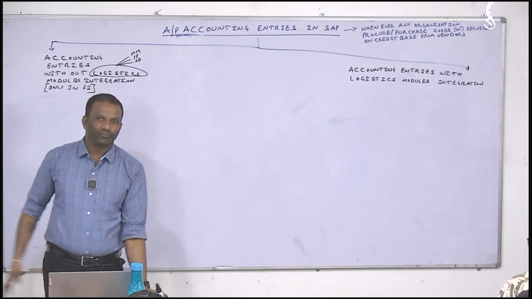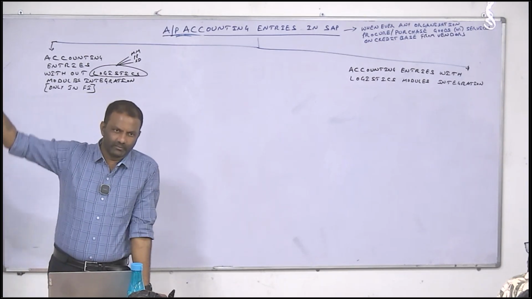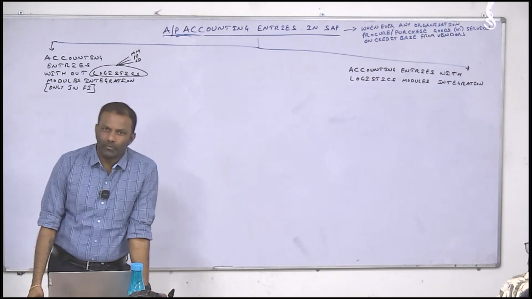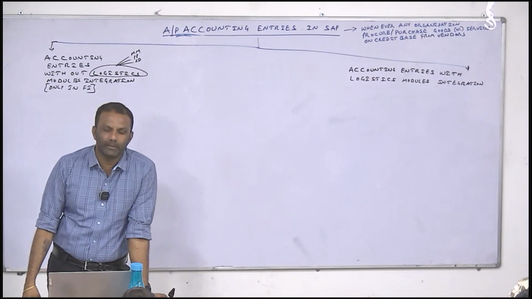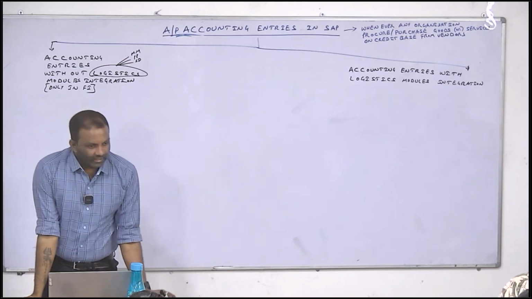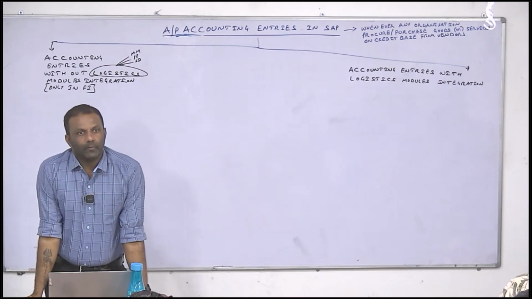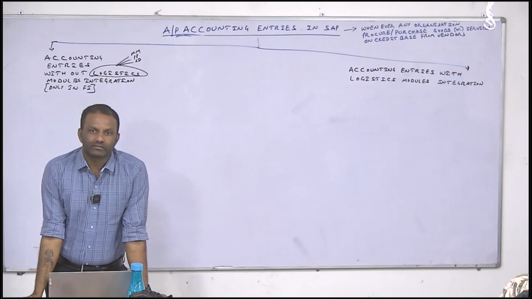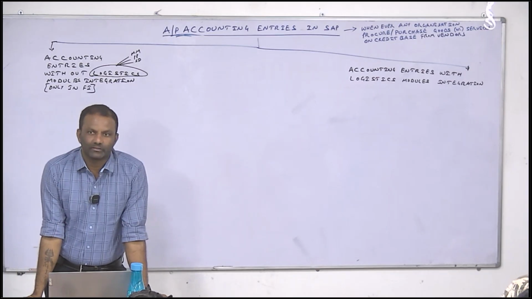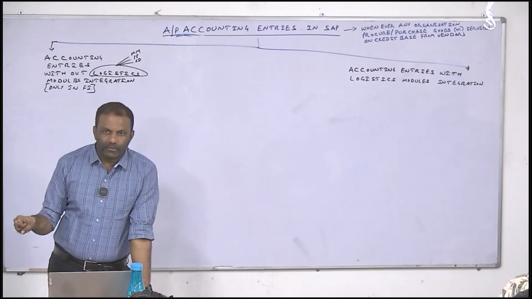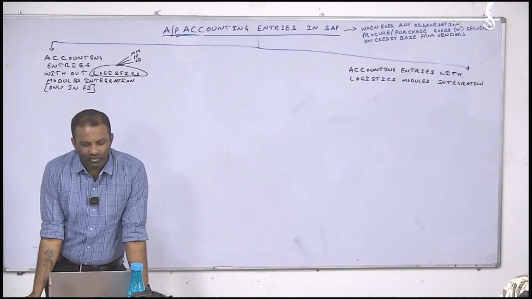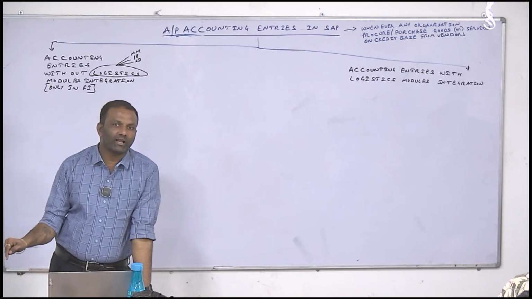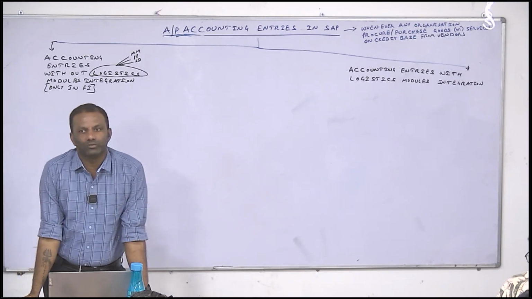I have established one plant in Jeedimetla or Medchal, outside of the city, to produce material. I have taken a building on rent in Ameerpet for my office purpose. Should I pay rent to this owner or not? Every month. So I treat this owner as a vendor in my books.